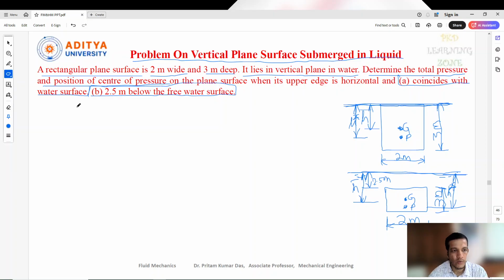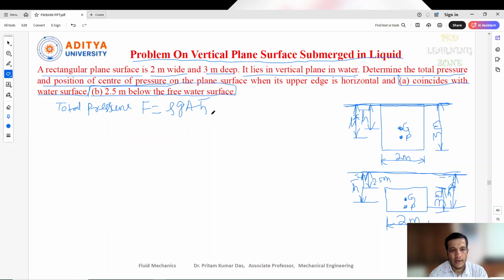First one is total pressure. We know the total pressure formula that we identified in the derivation: F equal to rho g A H bar.